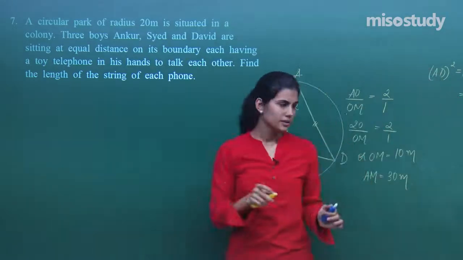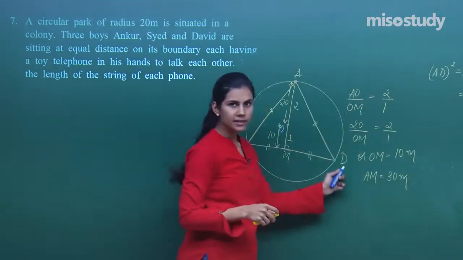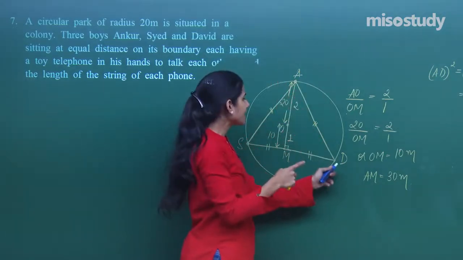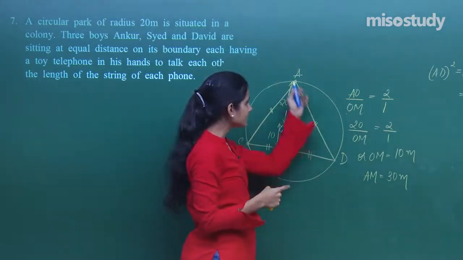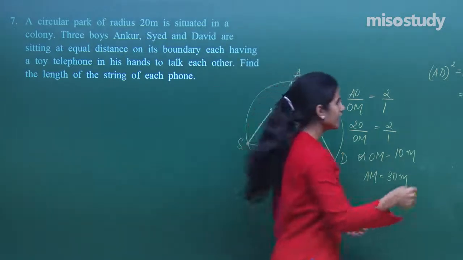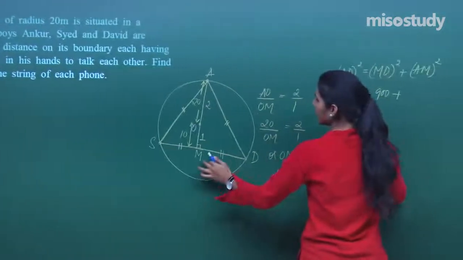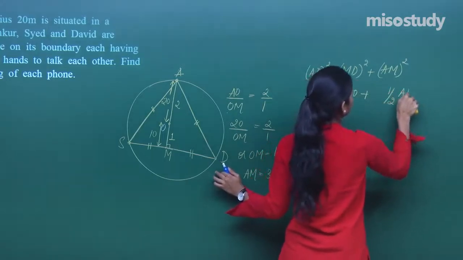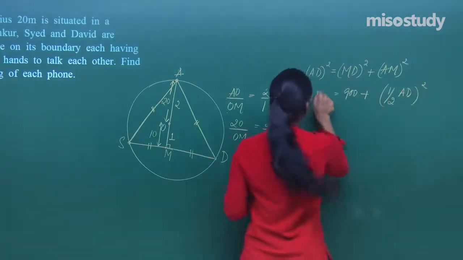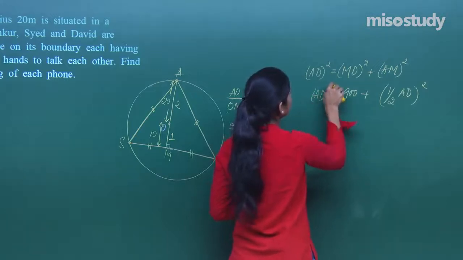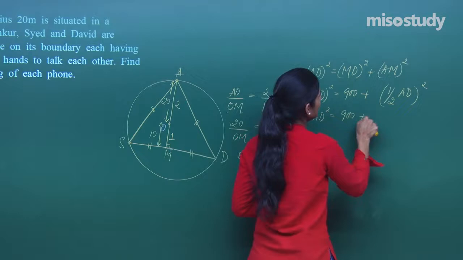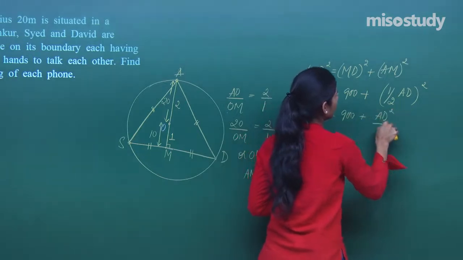MD is what? MD is half of SD, but SD is same as AD, all the 3 sides are equal. So MD is half of AD. And this is AD. So you will have AD square equals 900 plus AD square by 4.